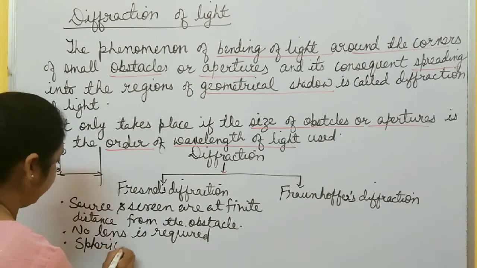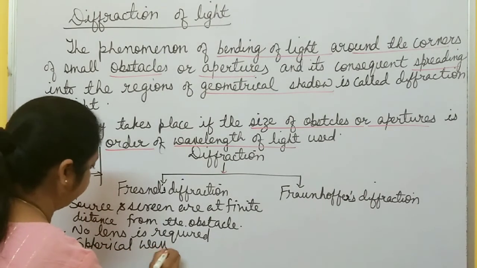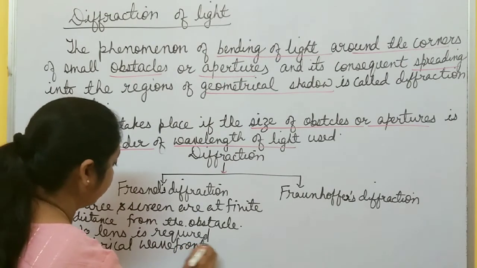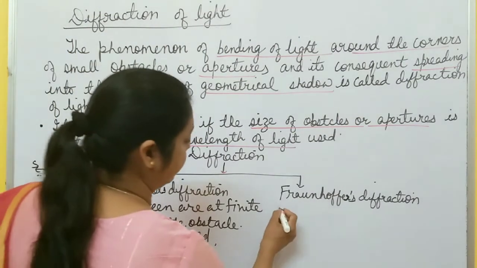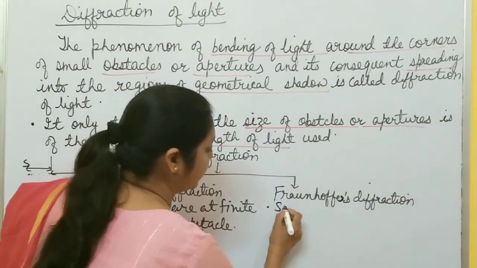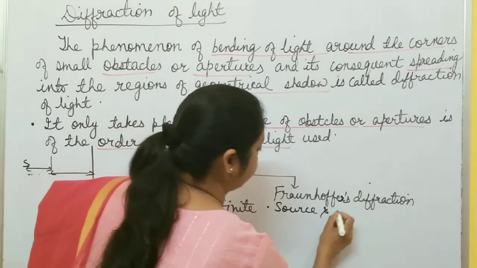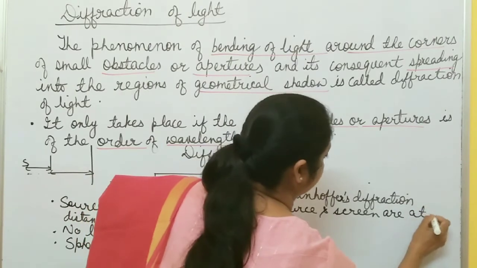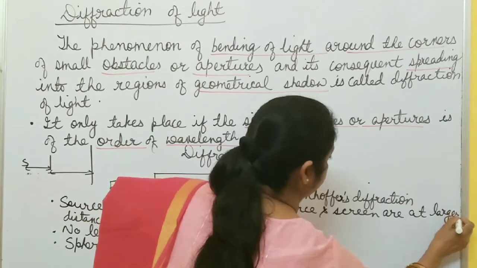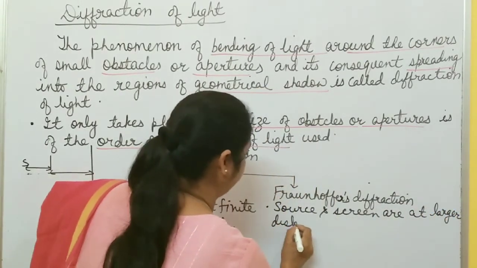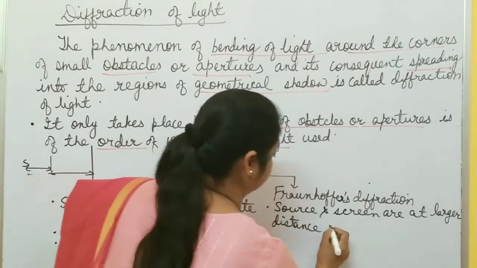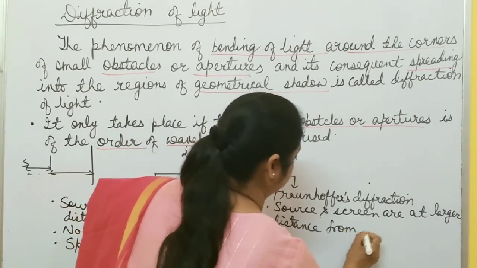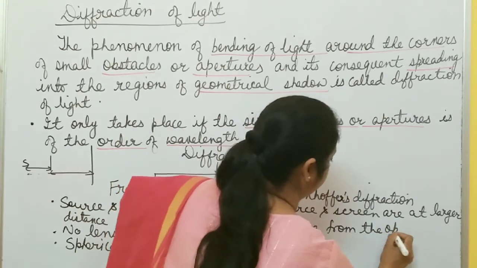A spherical wavefront. But in case of Fraunhofer diffraction, here the source and a screen are at a larger distance from the obstacle.